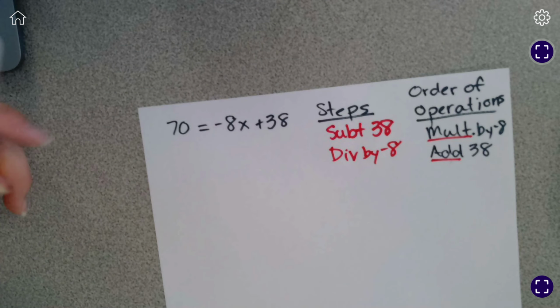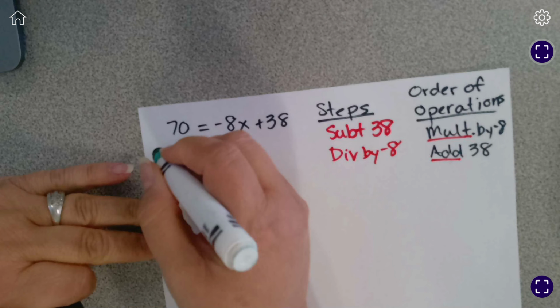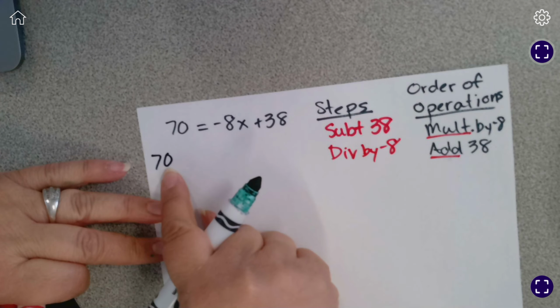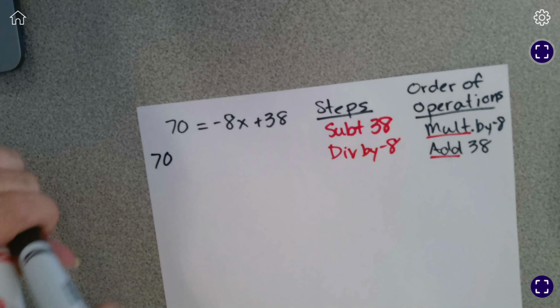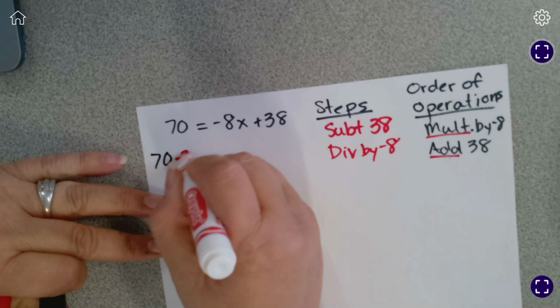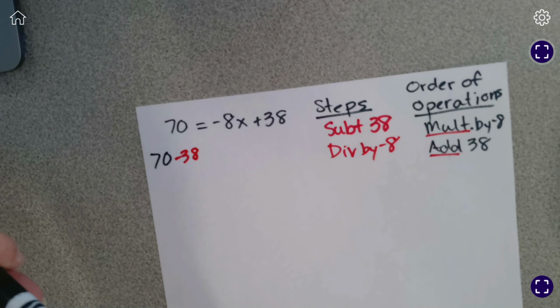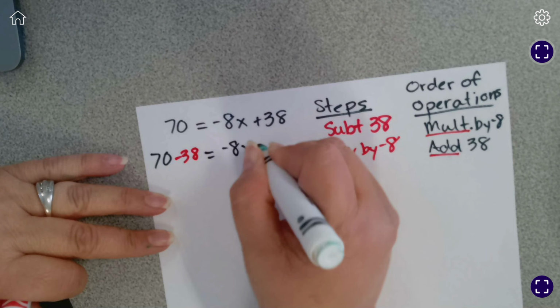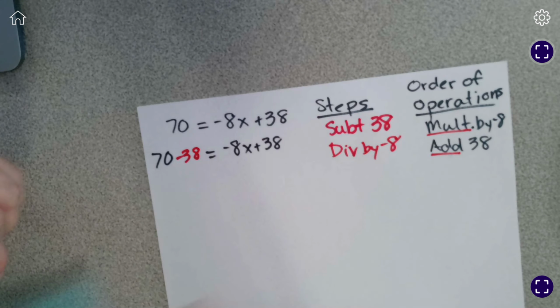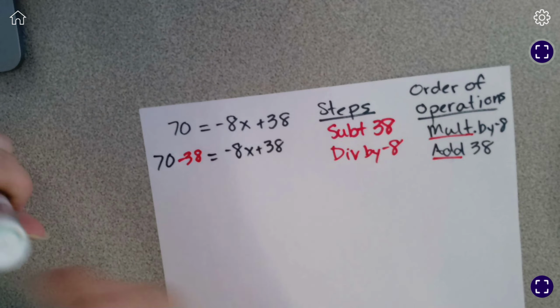So let's go ahead and do this. I'm going to leave some room because I'm going to subtract 38. You know what? Let me go ahead and just throw it in there. Subtract 38. That equals -8x plus 38. And we do both sides.